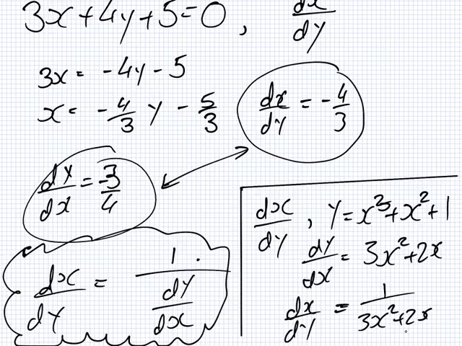So I know this seems like maybe even an obvious result, but I've seen this question in the exam, and I think maybe every student forgot to flip the answer at the end. The question said, what is dx/dy? And everybody said, oh great, I know this one, dy/dx equals this.